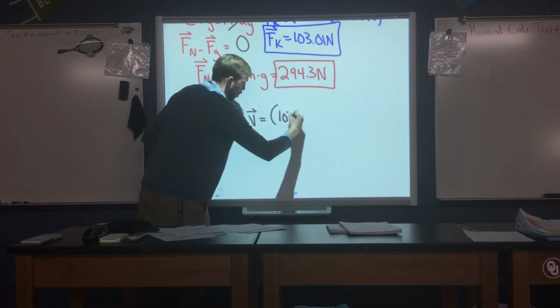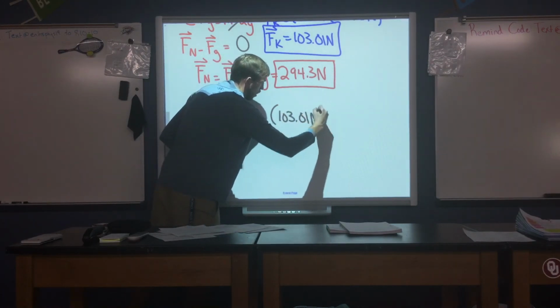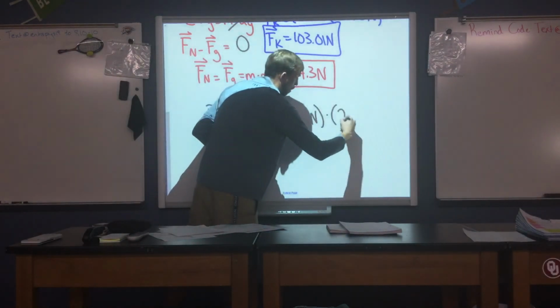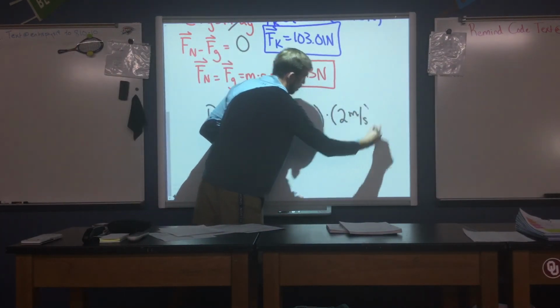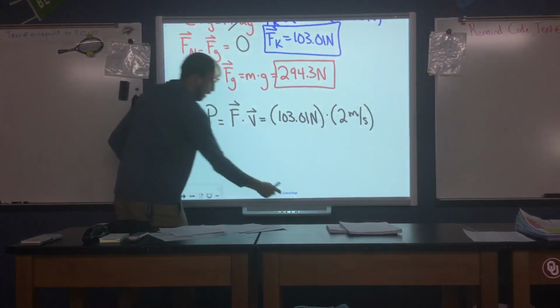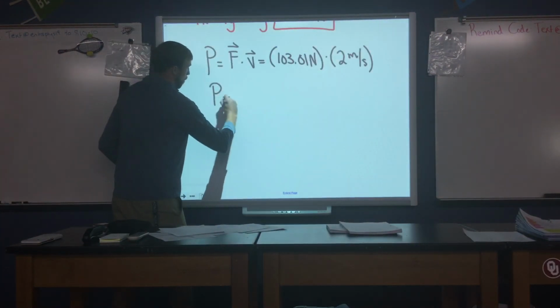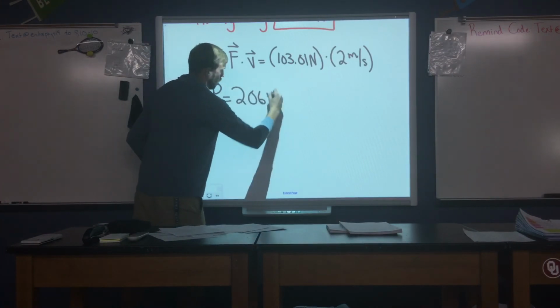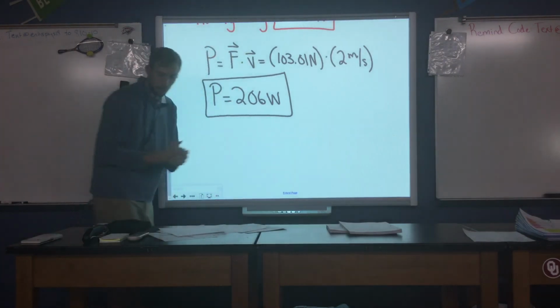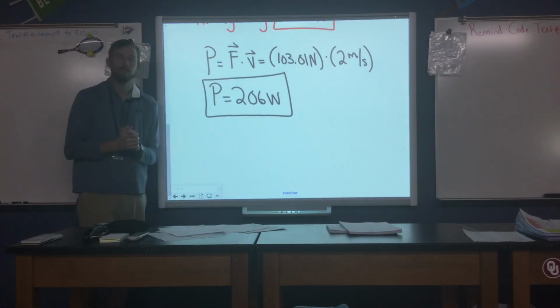Our power here is 103.01 newtons, that's our force that we applied, multiplied by our velocity, 2 meters per second. So I'll multiply these values together, and I get right about 206 watts. So the power I am producing would be equivalent to 206 watts. And if we check our results, looks right on track.